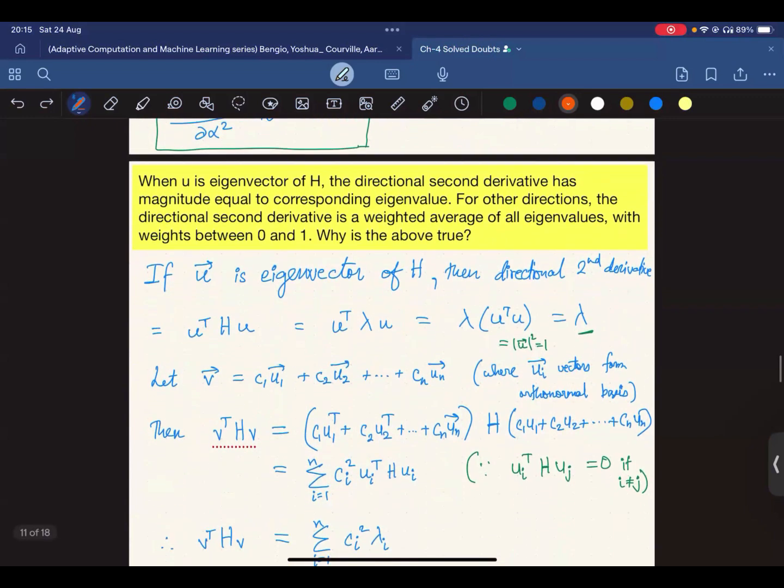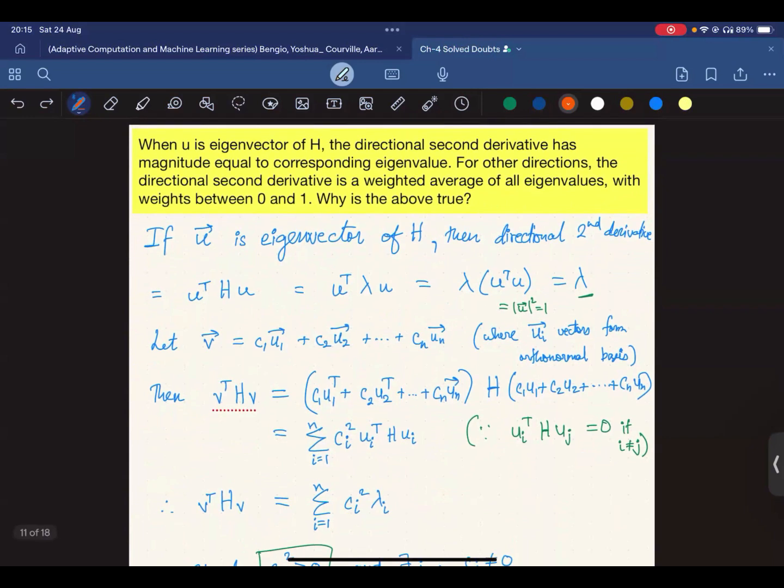Now if we have a vector v which is some other direction, we can represent it as a linear combination of eigenvectors of H. And we know that the eigenvectors of H are orthonormal with each other because H is symmetric and real. We had this result from the linear algebra chapter that whenever there is a real and symmetric matrix, their eigenvectors would be orthogonal.